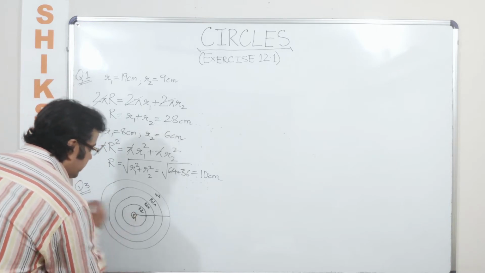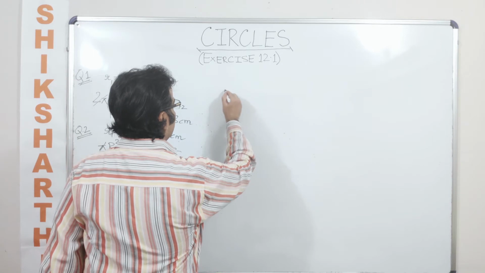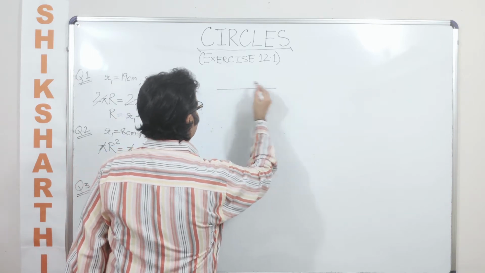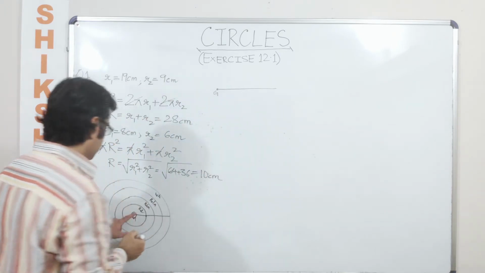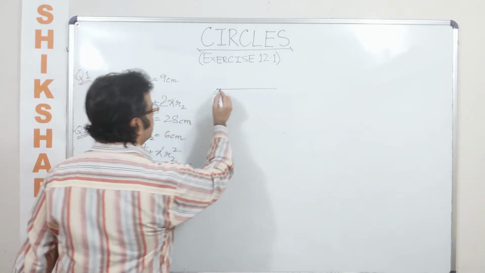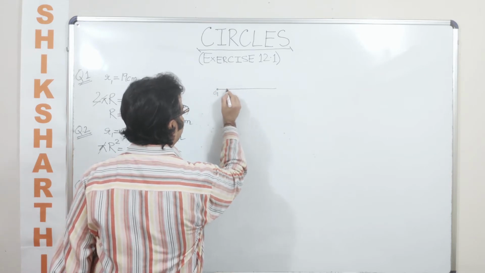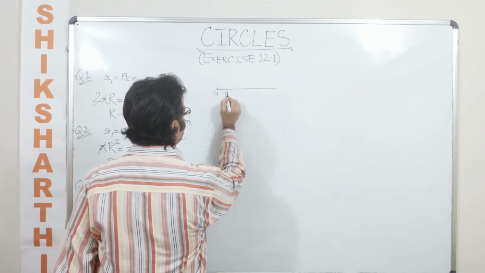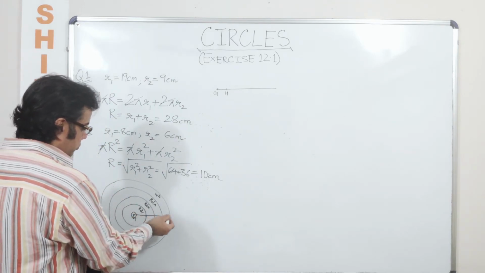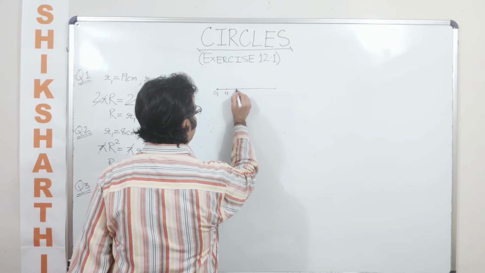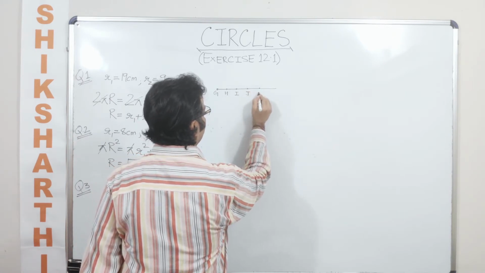The innermost circle's center was G. Then when I am completing this circle, I am taking this point as H. Then after this, another point and another point. So let's say the next point that I am taking here is I, followed by J, followed by K.